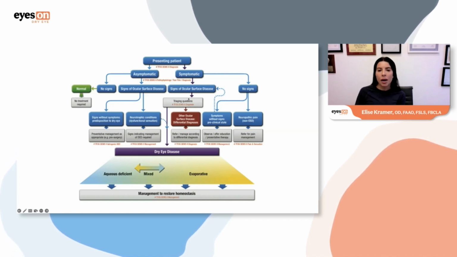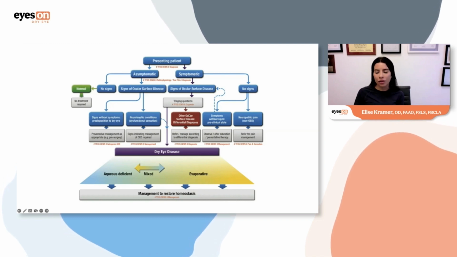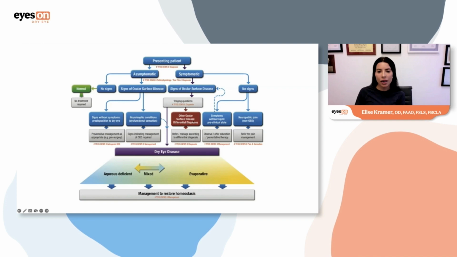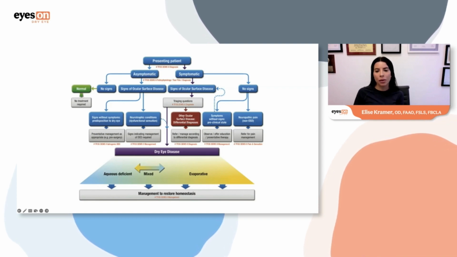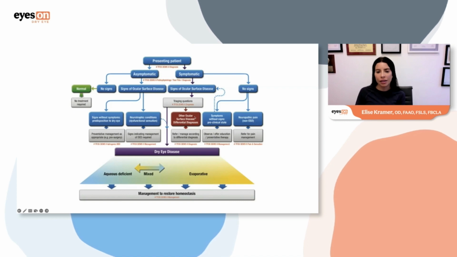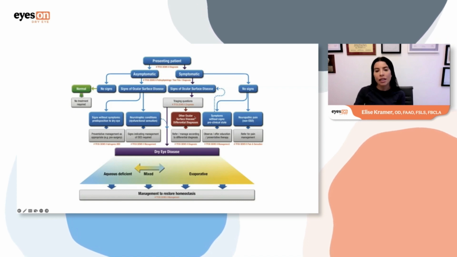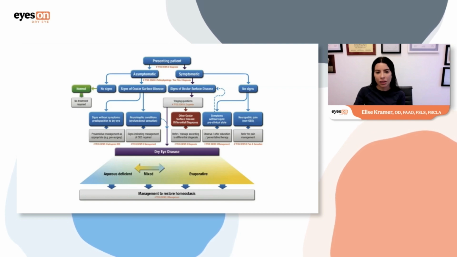When we talk about dry eye disease, obviously there are other ocular surface diseases that can mimic dry eye, so it's important to use appropriate diagnostic testing in order to differentiate the different types of ocular surface diseases.